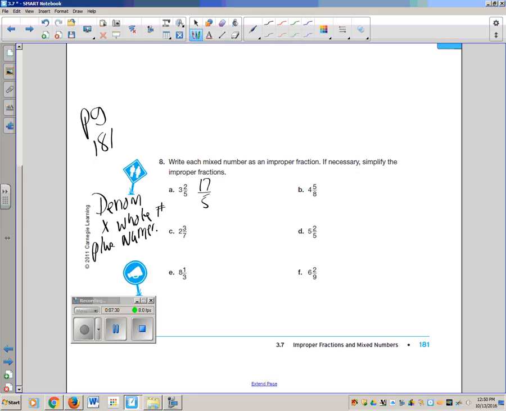C, 7 times 2 is 14, plus 3 is 17. Keep the denominator the same, 7. E, 3 times 8 is 24, plus 1 is 25, 25/3. Once again, pause the video and complete B, D, and F, and I'll have the answers up there.